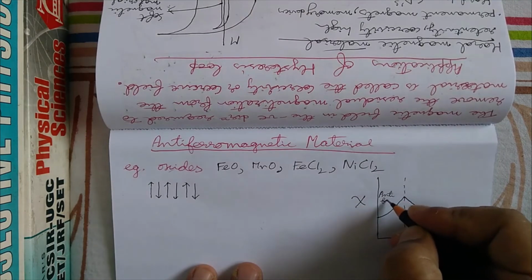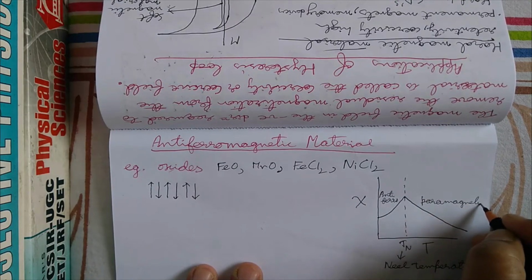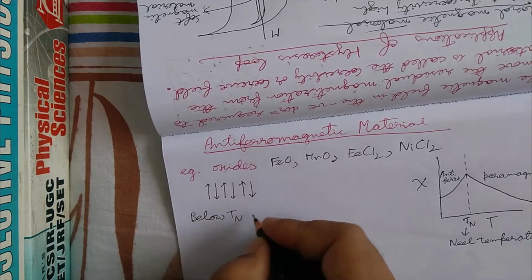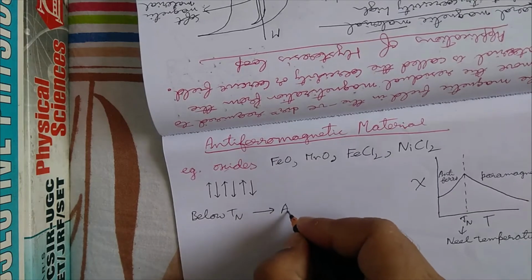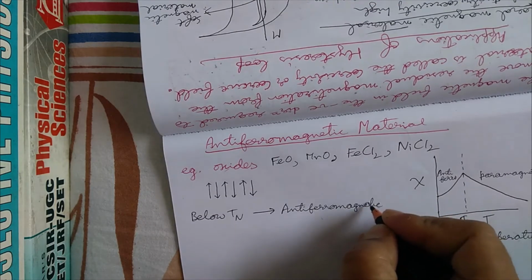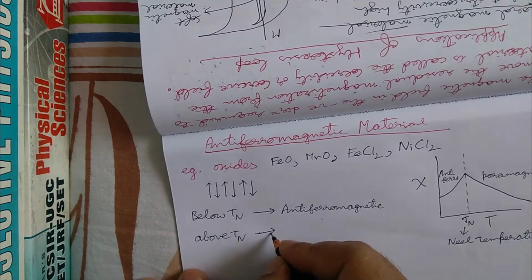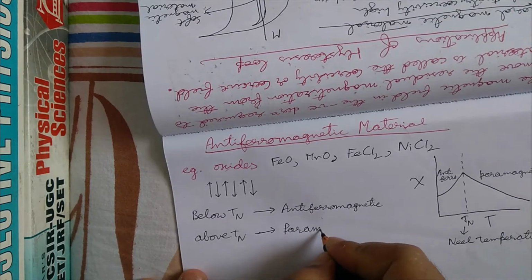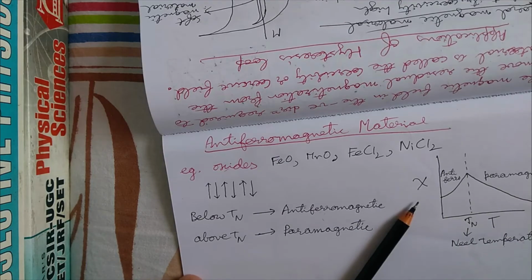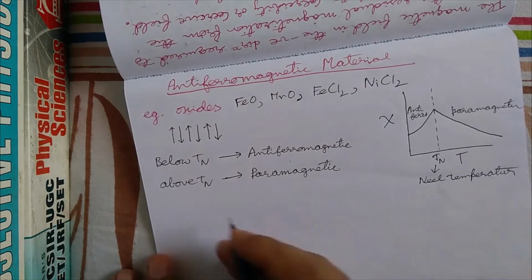Below Tn, the sample is antiferromagnetic, and above Tn, the sample is paramagnetic. There is not much more here.